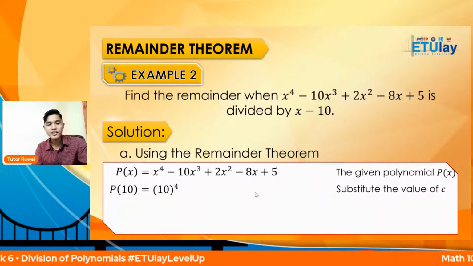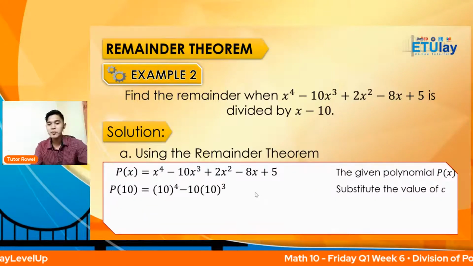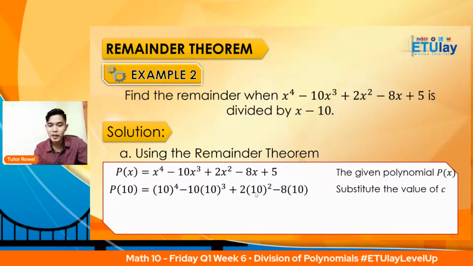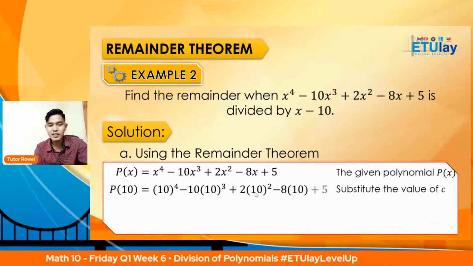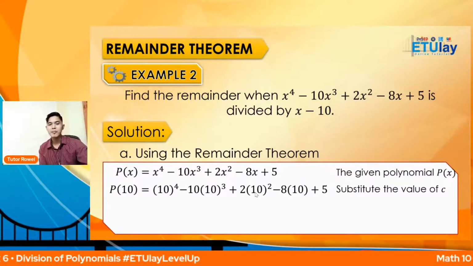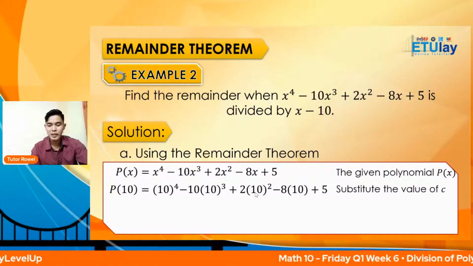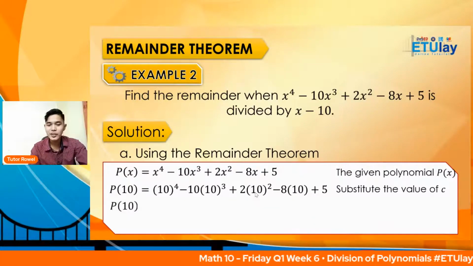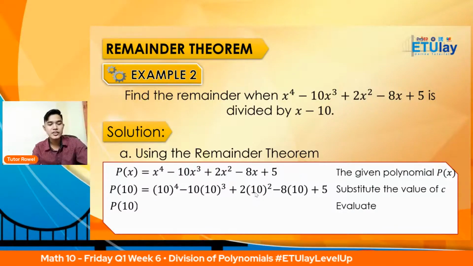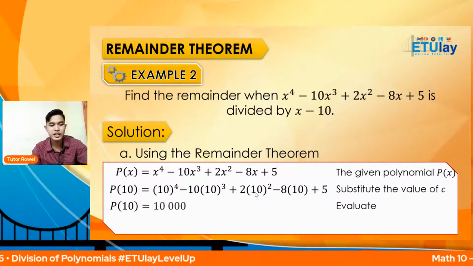Naging ang 10 raised to 4 minus 10 times 10 cubed plus 2 times 10 squared minus 8 times 10 plus 5. Kung titingnan nyo, parang mahaba yung solution, parang mahirap. Pero as you can see, nag-substitute lang po tayo. So, madali lang ito. Sunod, we will evaluate. 10 raised to 4. Since 4 siya, ibig sabihin, we will have 4 zeros. Magiging siyang 10,000.